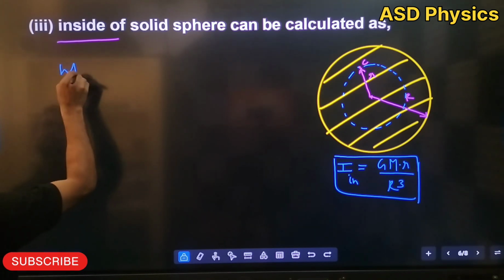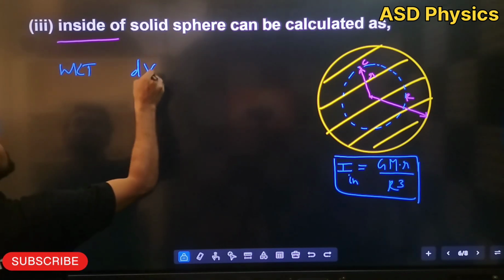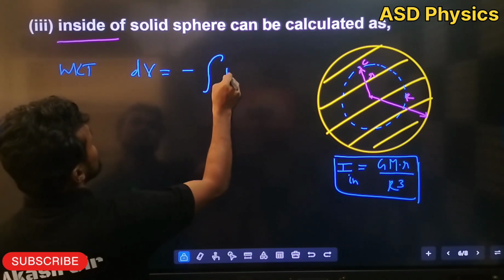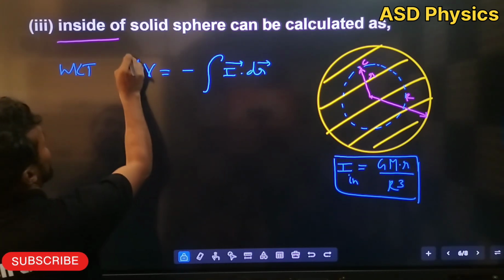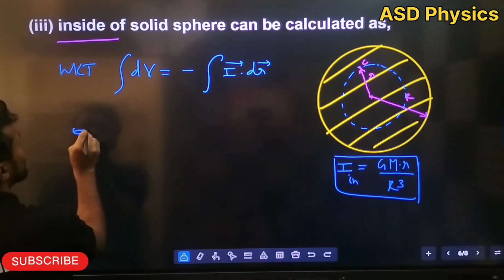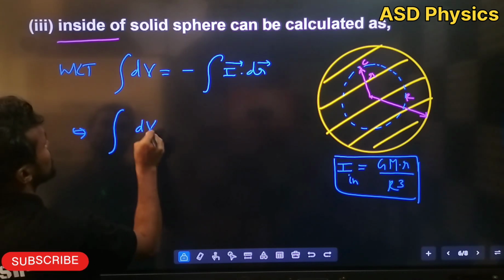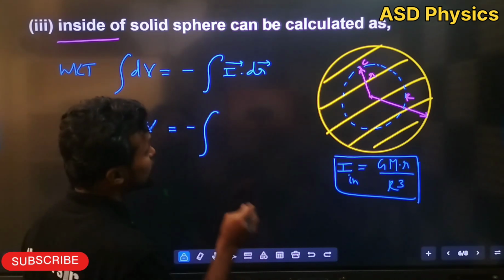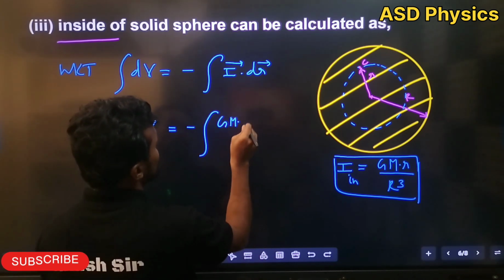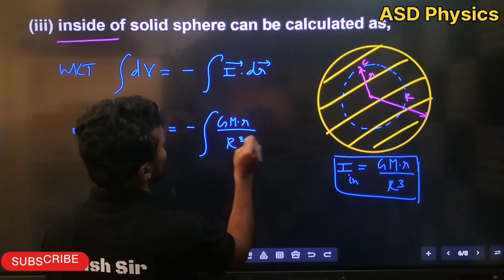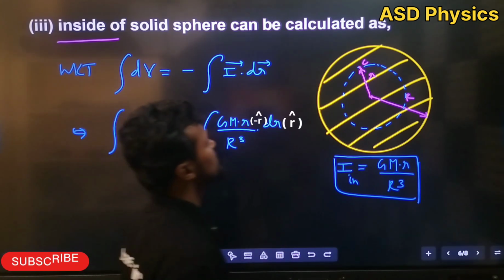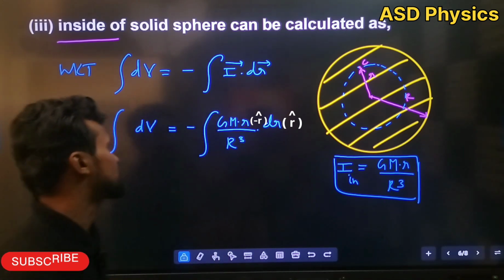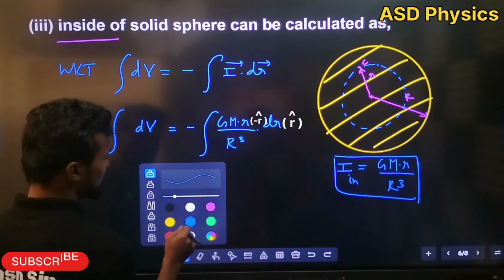We know that dV is equal to minus I dot dr. Here we have to put the values: dV, and minus I value is GM into r by R cube into dr. Now we'll consider that potential and dr are in the same direction. Now we have to put the limits, students.